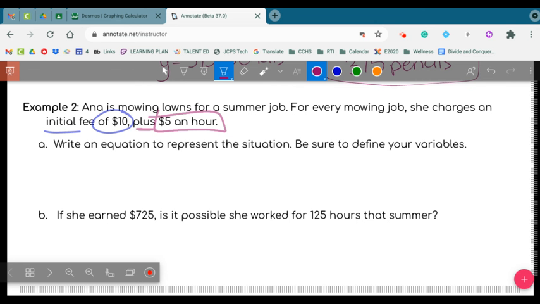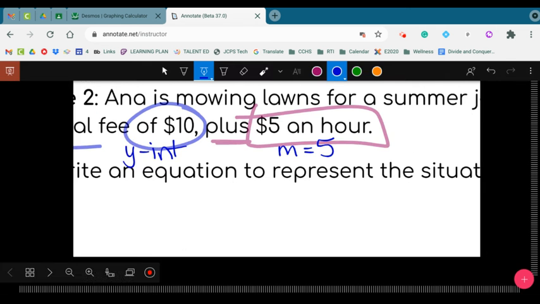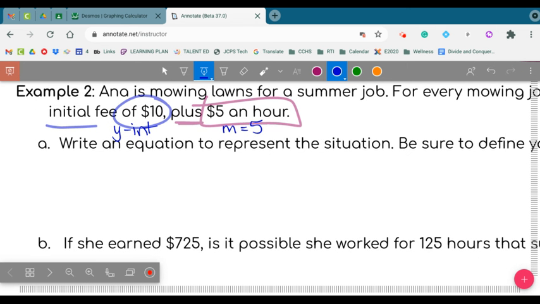No. So $10 is our y-intercept. Now, if she's charging $5 per hour, 5 is going to be our slope. So writing our equation, it's going to be y equals 5x plus 10.